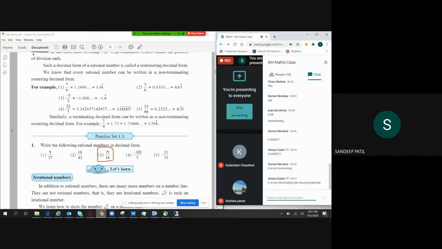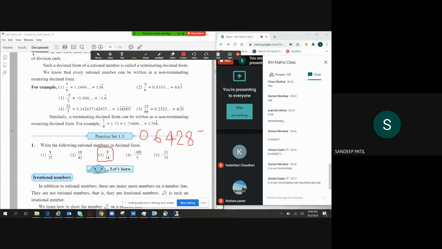So if we divide 9 divided by 14, the answer will be around 6, 4, 2, 8, 5.